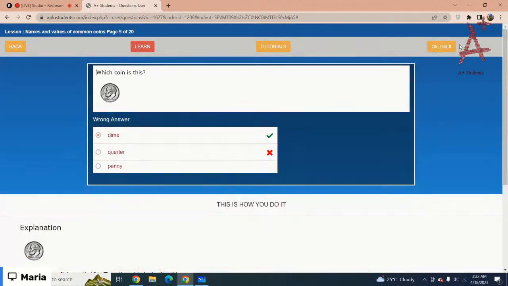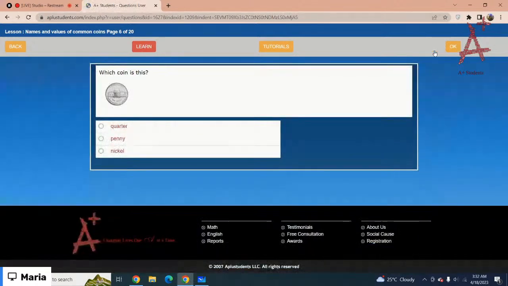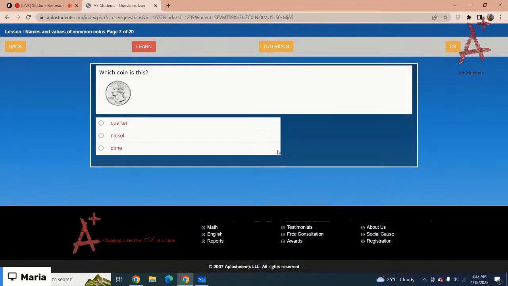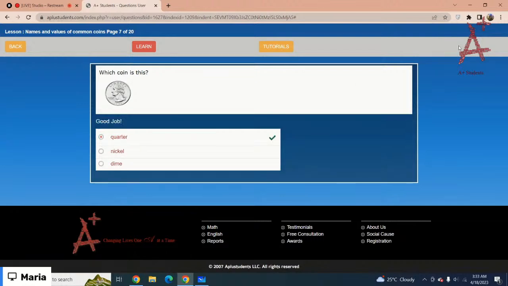Got it. Which coin is this? Quarter, penny, and nickel? This one is nickel. Which coin is this? Quarter, nickel, dimes. That is the quarter.